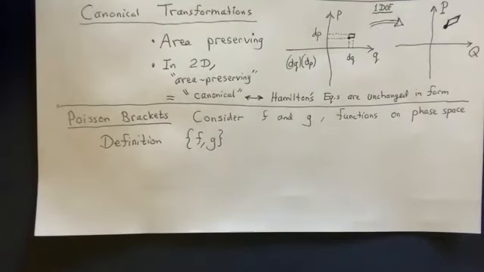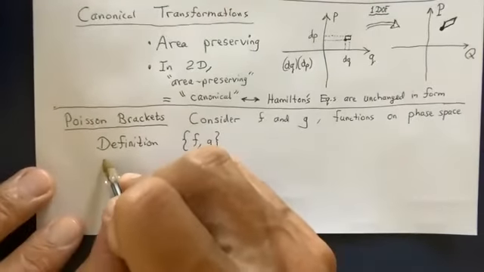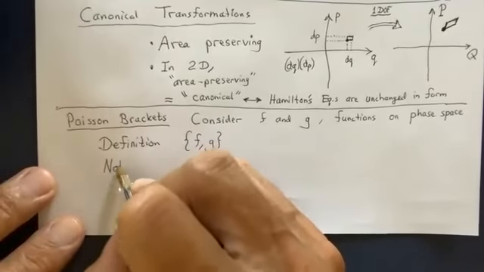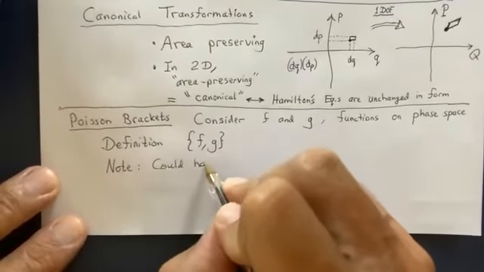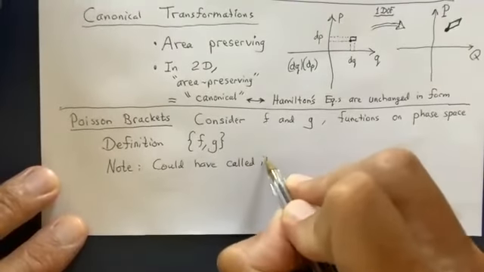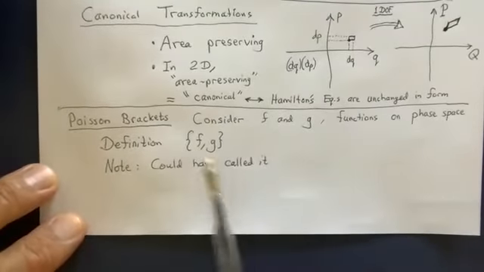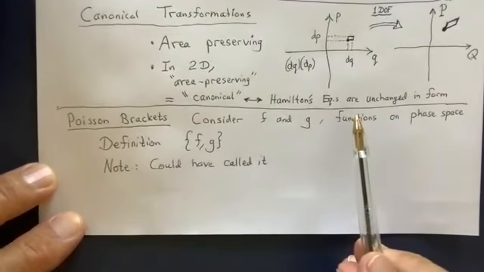So I'll write out the definition, but let's note it's simply a mapping. You provide two functions defined on phase space.